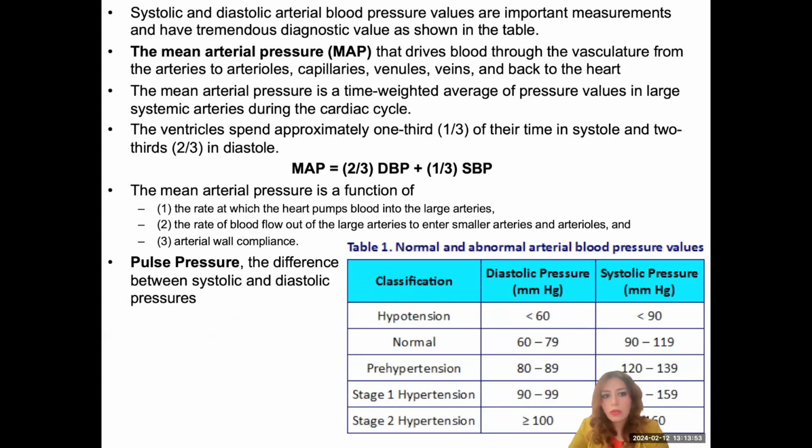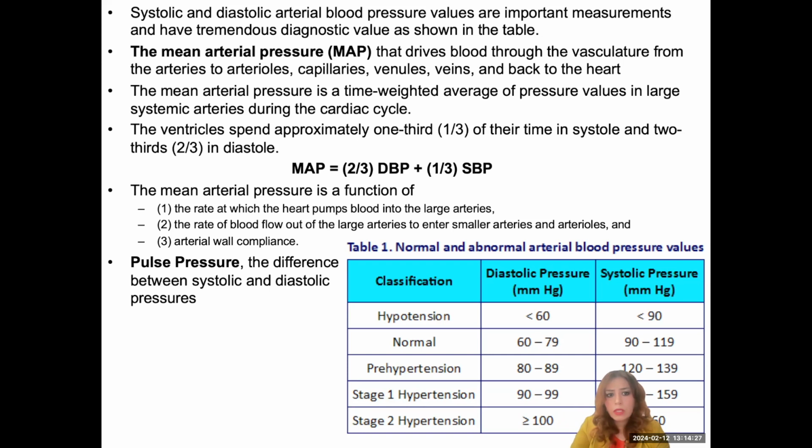Now, systolic and diastolic blood pressure are important measurements and have tremendous diagnostic value, as shown in the table. Look at the figure, please. We have some normal values, and some values for hypotension and hypertension. As you see, normal values of diastolic pressure are between 60 and 79, and for the systolic pressure between 90 and 119.